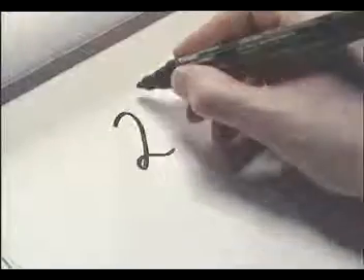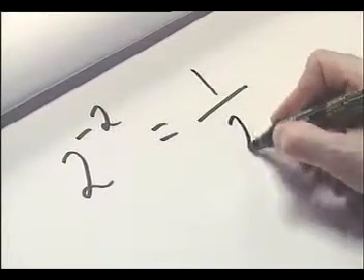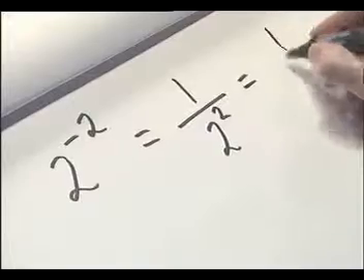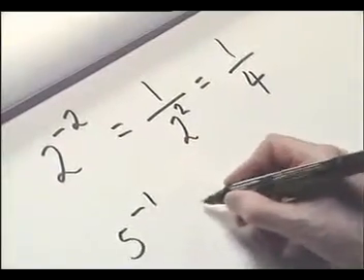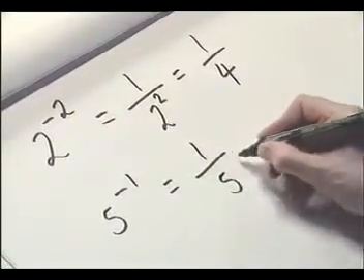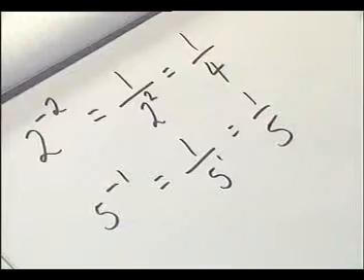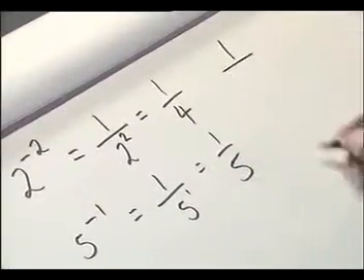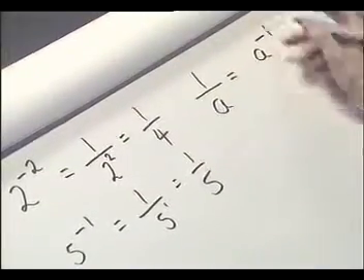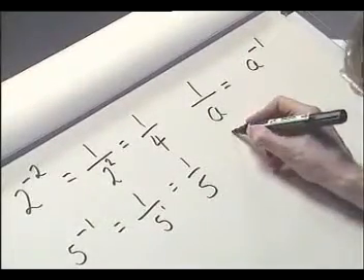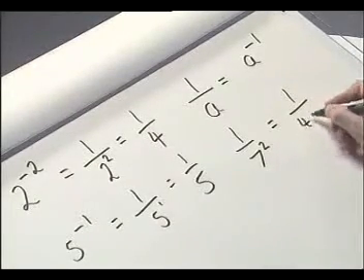So for instance, 2 to the power minus 2 would be 1 over 2 squared, which of course gives us a quarter. 5 to the power minus 1 is 1 over 5 to the 1, which is just 1 over 5. 1 over a is a to the minus 1, turning it round, working backwards. 1 over 7 squared would be 1 over 49.